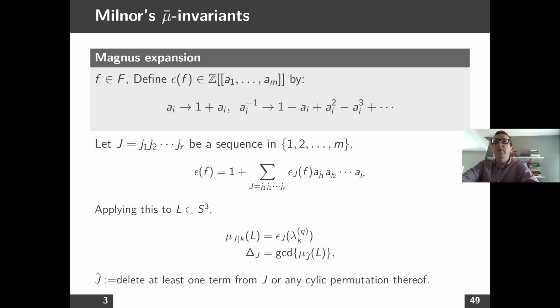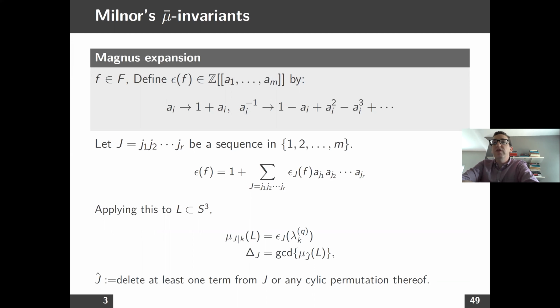Okay, so what we do then is we take a word in the free group F, and then we write out a power series expansion of it, just using the geometric series expansion. So each a_i goes to 1 plus a_i, and a_i inverse goes to 1 minus a_i plus a_i squared, and so on and so forth.